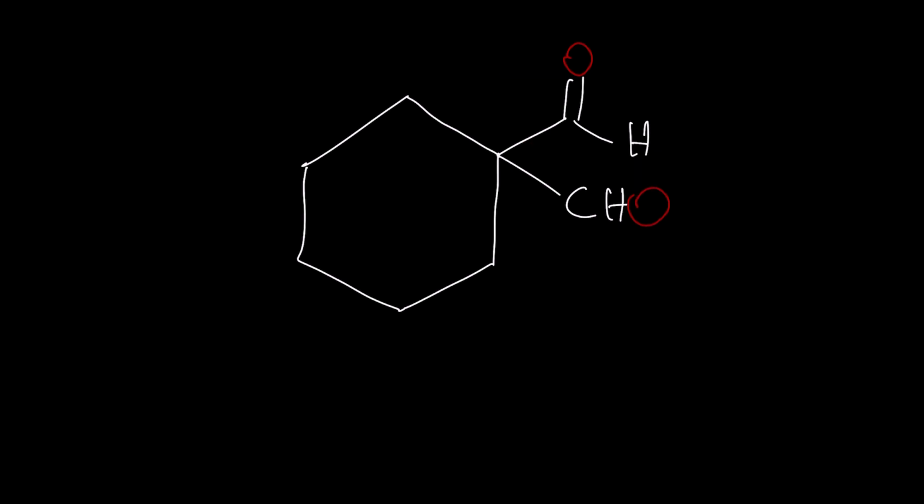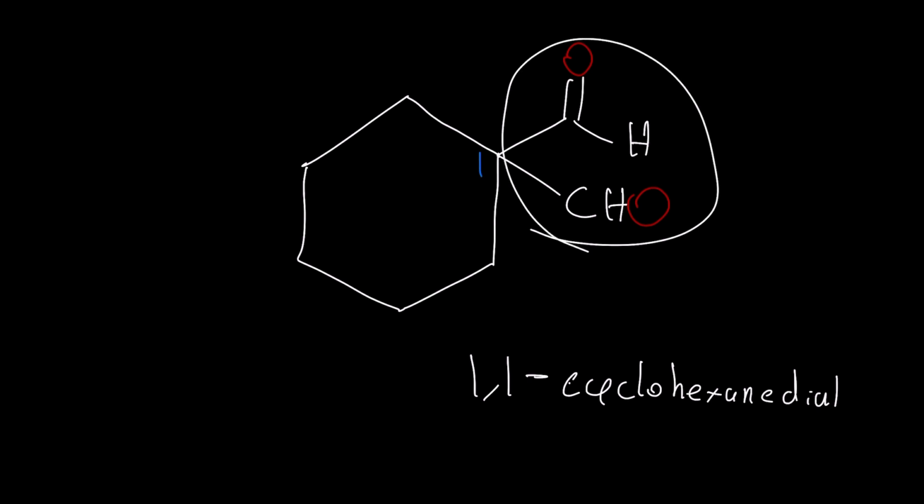So in this case we have two aldehydes both attached to a ring. They're both on position 1, so we're going to put 1,1, and this is cyclohexane because there's 6 carbons, so hexane, cyclo because it's a ring, and then diol because there are 2 aldehyde functional groups on it.